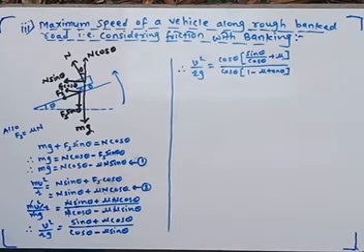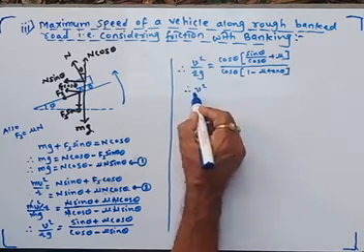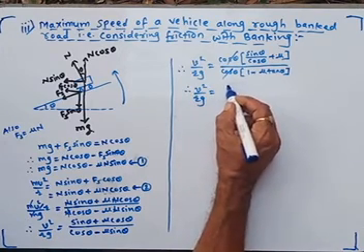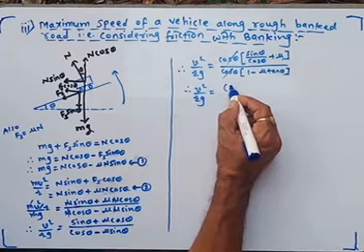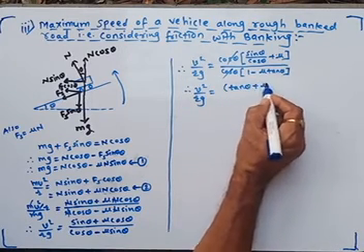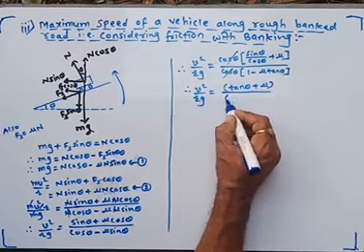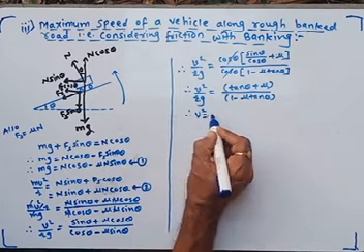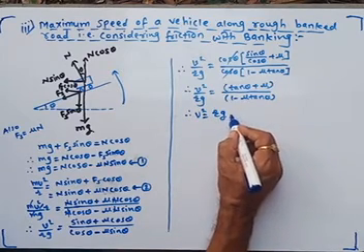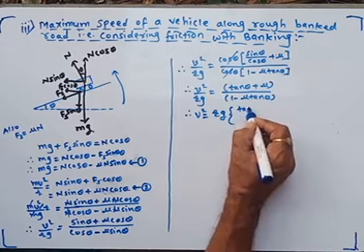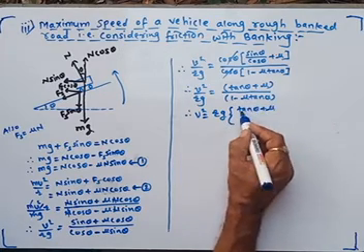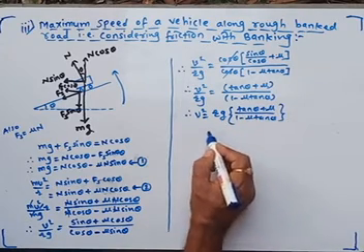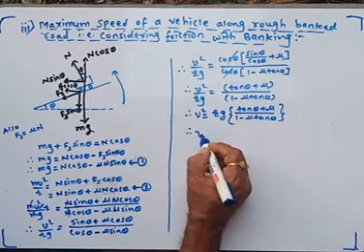This cos theta gets cancelled, and therefore v square upon rg is equal to tan theta plus mu divided by 1 minus mu tan theta, and therefore v square is equal to rg into bracket tan theta plus mu divided by 1 minus mu tan theta.